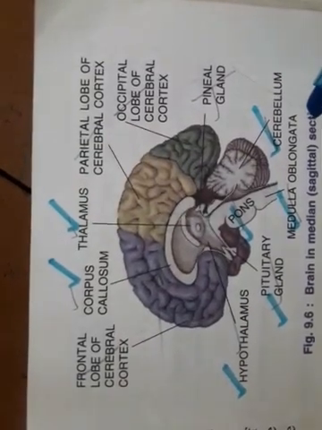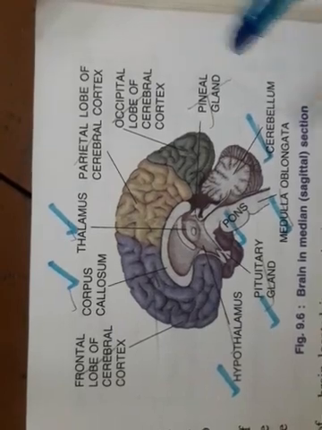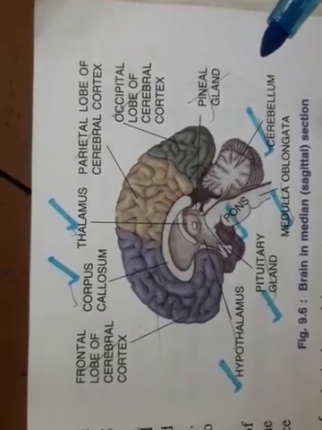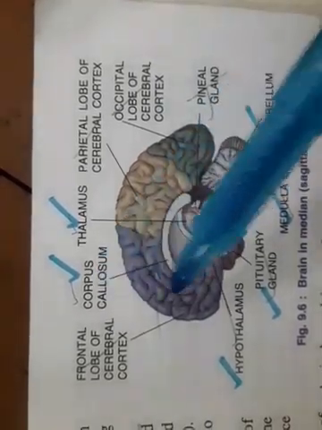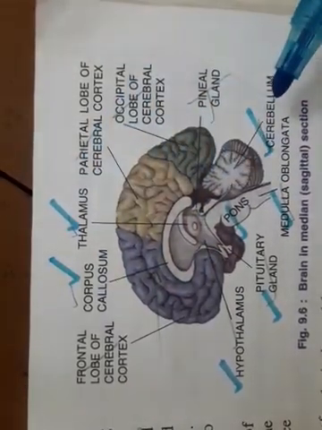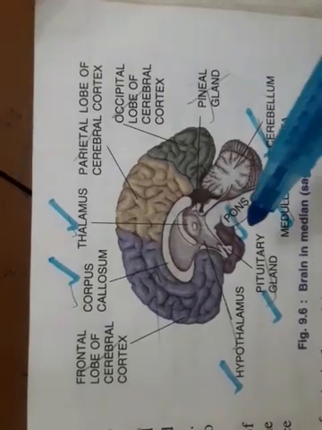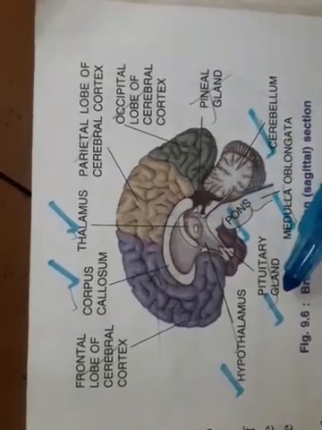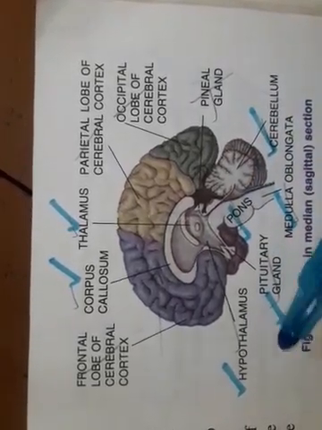You have drawn this diagram, and as I had said, you must have done the labeling. Corpus callosum, thalamus, cerebellum, medulla, pons, pituitary, hypothalamus.